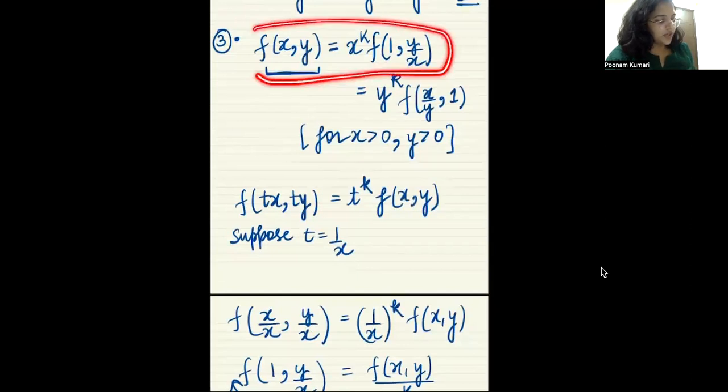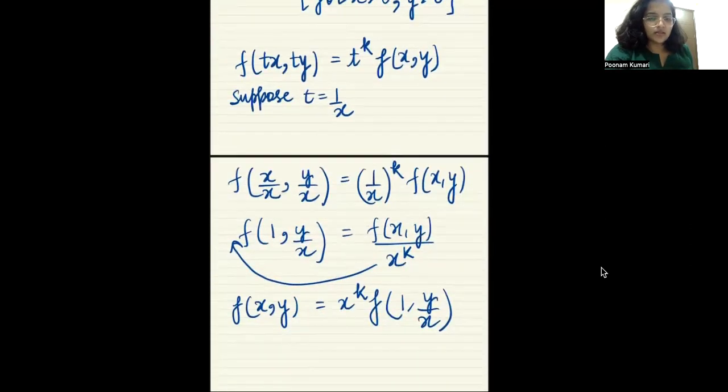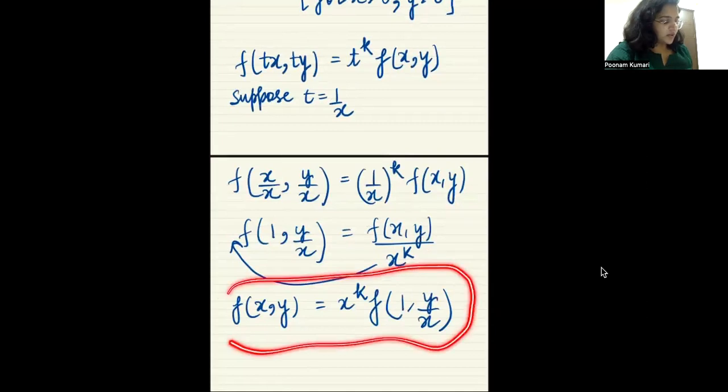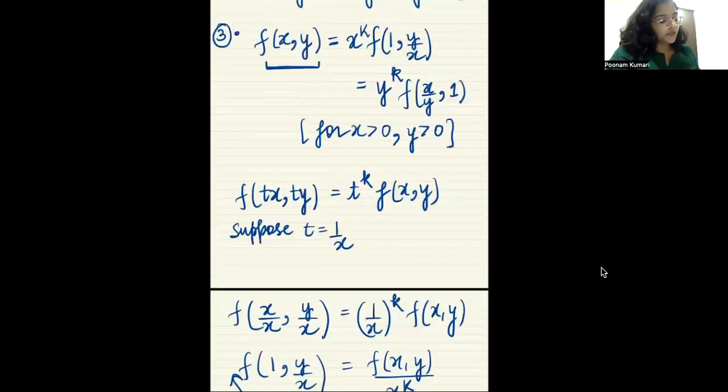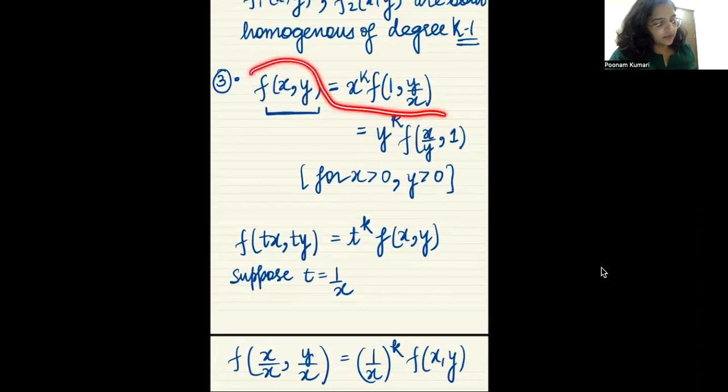Now similarly, if you do a different transformation wherein you say that t is 1 by y, then you will get this result. So these are slight transformations that you have to do to find the relationship here.